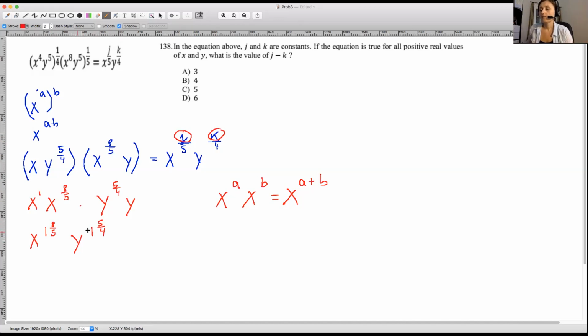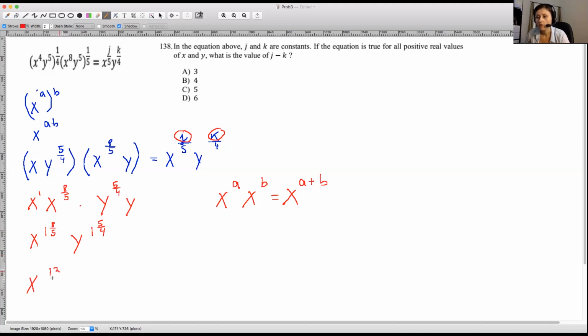So if we already have it set up like that, we're just going to have to get rid of this 1 and put it into an improper fraction, versus 1 and 8/5, right? So x is going to be x to the power of the improper fraction. It's 1 times 5, which is 5, plus 8 is 13.